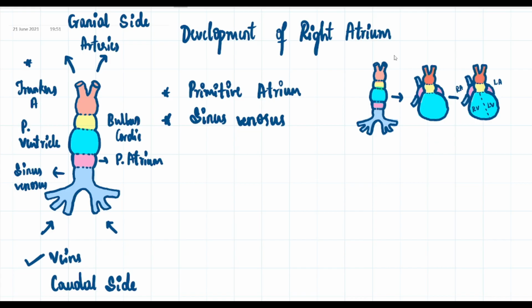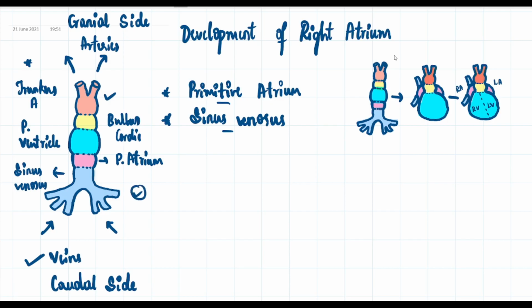Now see here, as I said previously, the right atrium develops from the primitive atrium and sinus venosus. During the course of development, initially the arrangement was like this. The truncus arteriosus is present on the cranial side, and the sinus venosus and primitive atrium are present on the caudal side.